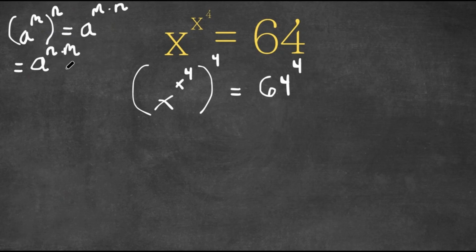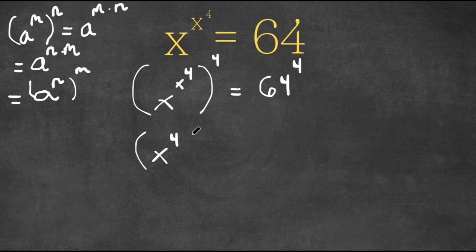Meaning I could rewrite this as a to the power of n to the power of m. So right here, we have x to the power of x to the power of 4, to the power of 4. Think of x to the power of 4 as m and 4 as n. I could switch the places of these two, meaning I could rewrite this as x to the power of 4 to the power of x to the power of 4.